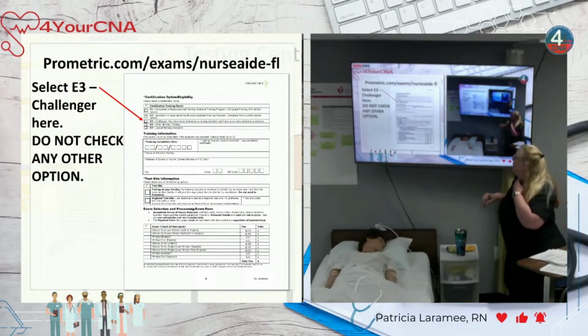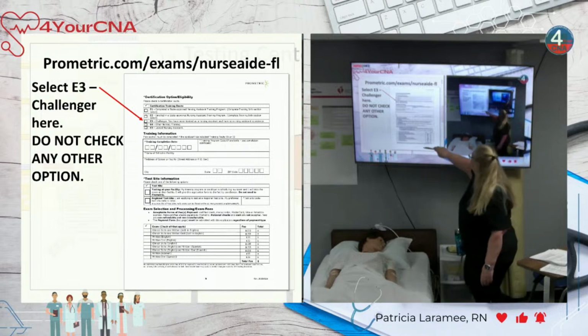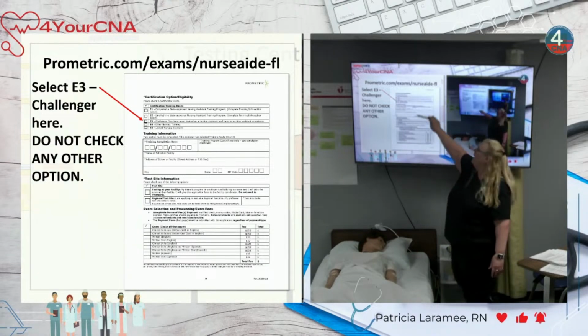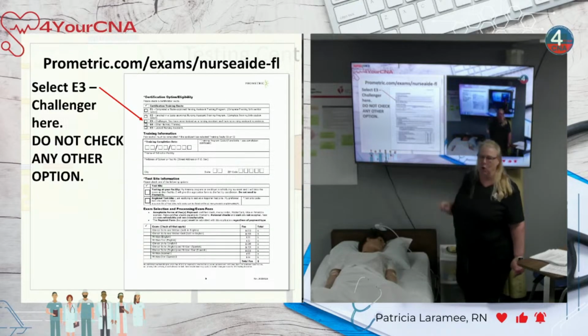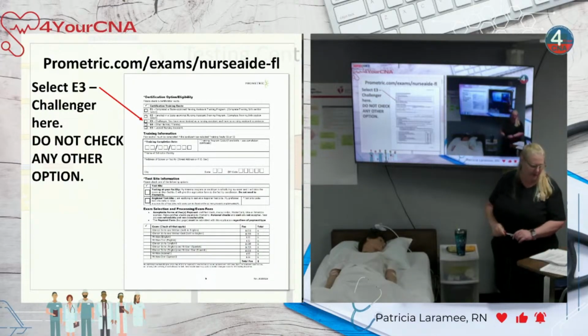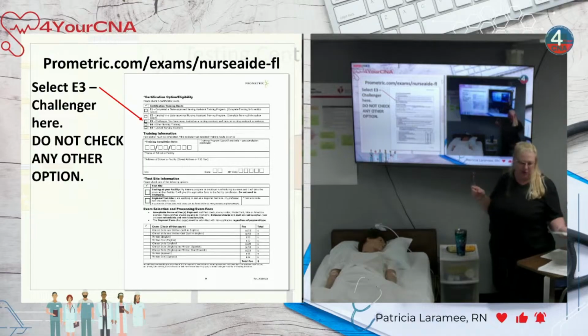Okay, so at the top of page 5 of your packet, at the bottom it says page 5. At the top up here, I've already checked that off for you. You have E3 Challenger checked off there. That is mandatory. You have to register as E3 Challenger. Yes, I know you're sitting in a classroom.